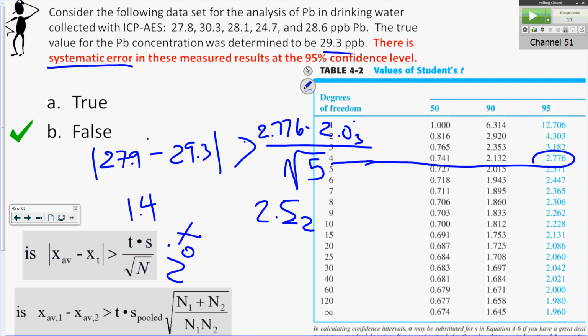If you want to think about that graphically, sometimes it helps to have a number scale just to help see things. So 25, 30, 35. My average value I got here was 27.9. So 26, 27, 28, 29.